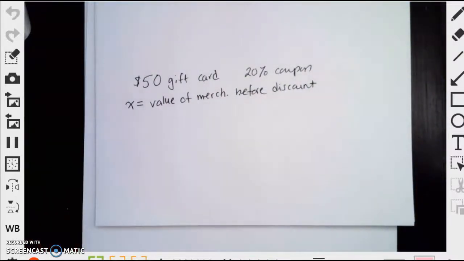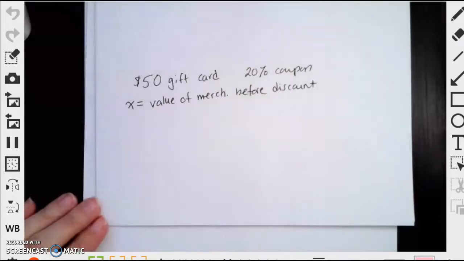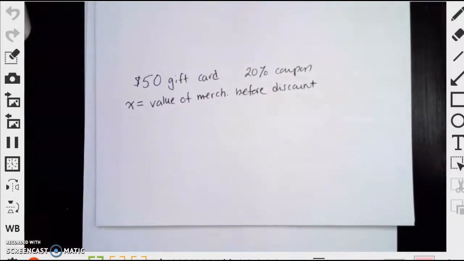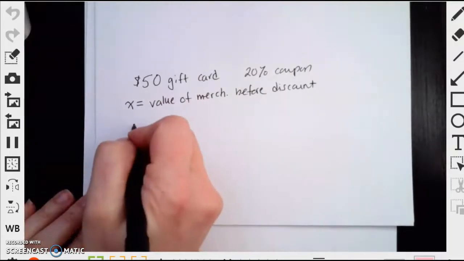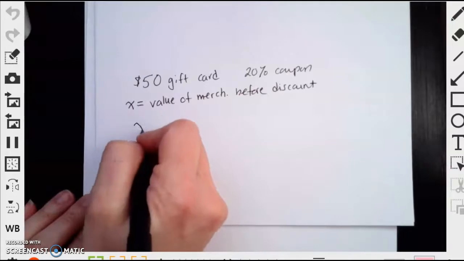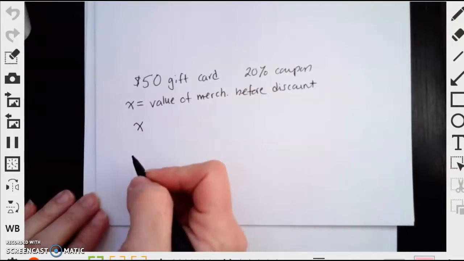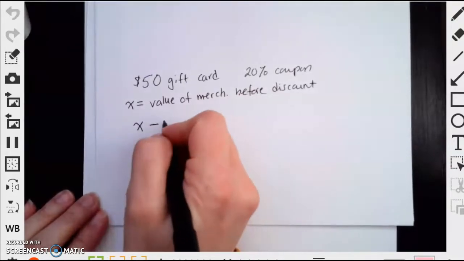Now when we're taking a discount, we want to find 20% of that value, and then subtract it from the original amount. We could think about x as also the original amount of the merchandise that we're buying.